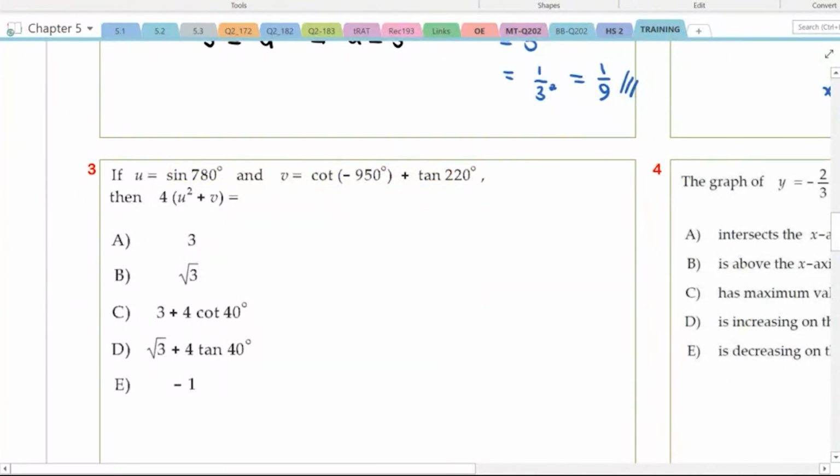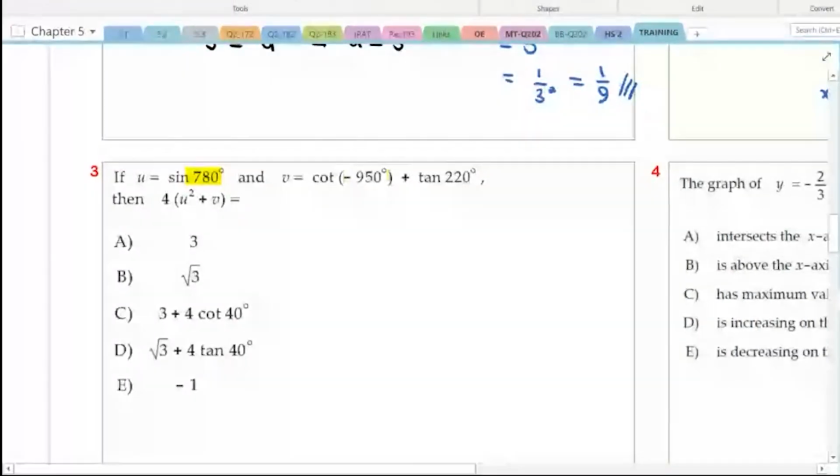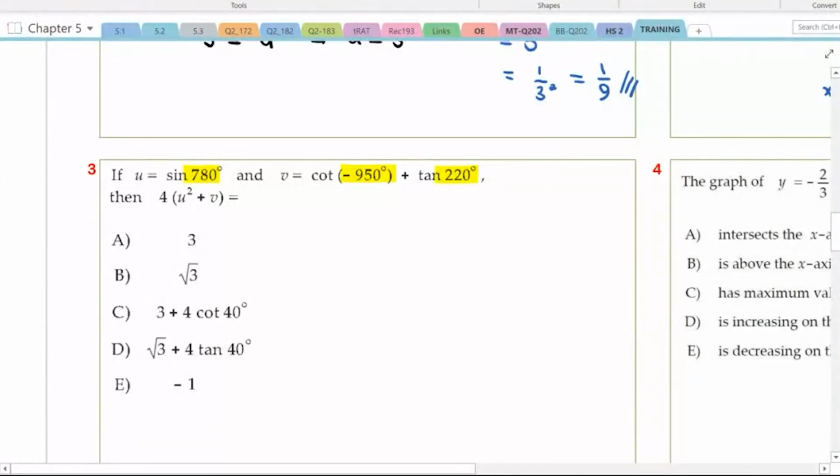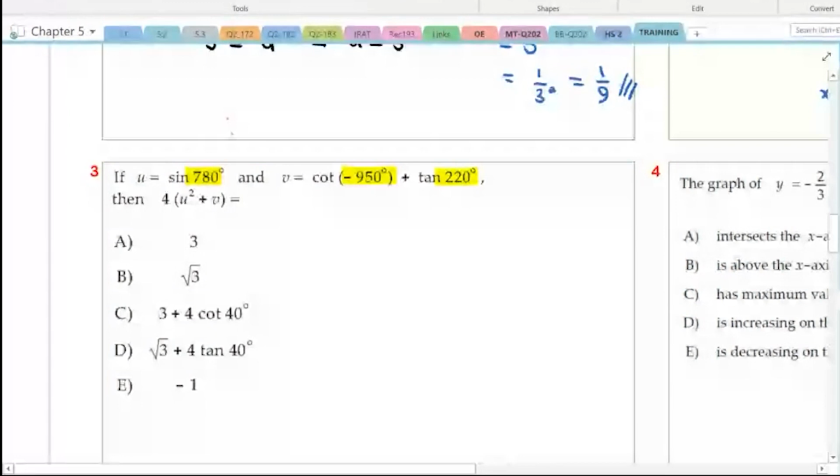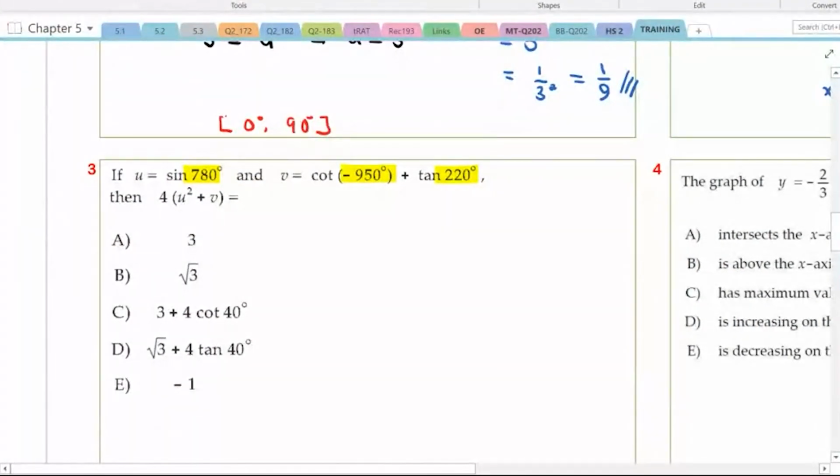It is always important, gentlemen, when you have trigonometry and we are given angles, what do we do with this angle? You use the reference angle theorem to make the angle always between 0 and 90 degrees. Use the reference angle theorem to change all the angles to between 0 and 90 degrees.